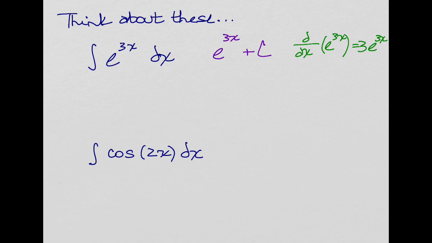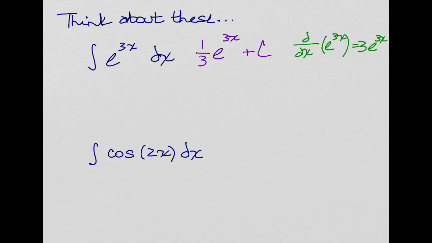Similar to what we said with the power rule, we can fix constants. If it were just e to the 3x, I'd have this extra factor of 3. In order to counteract that, I can multiply by a third.